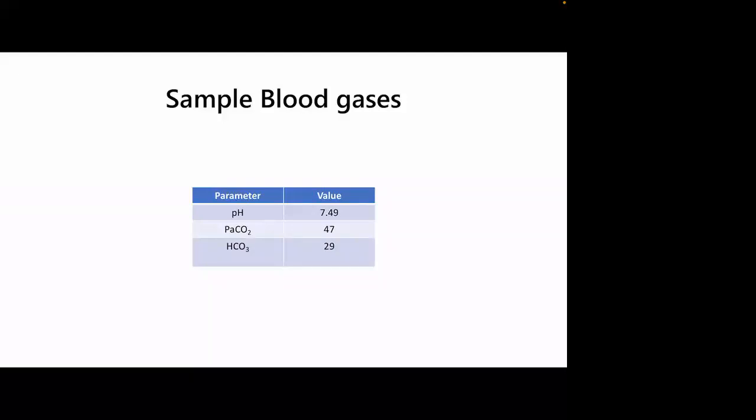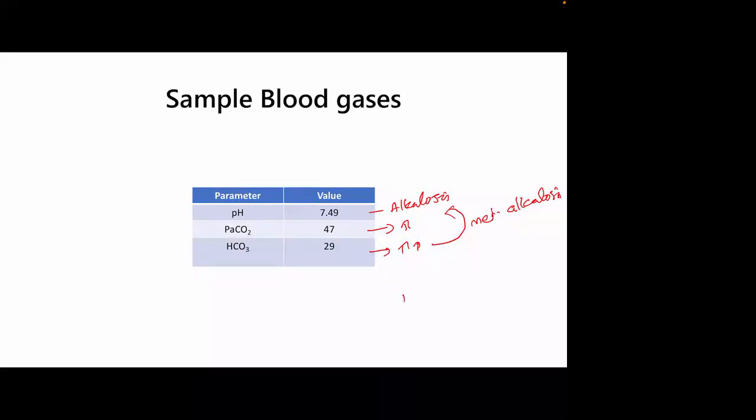In this blood gas, again there is alkalosis, but PaCO2 is normal or just increasing and bicarbonate is also increased. So this is a metabolic alkalosis. Okay, and there is an increase in the carbon dioxide levels also. In metabolic alkalosis, how is the compensation going?